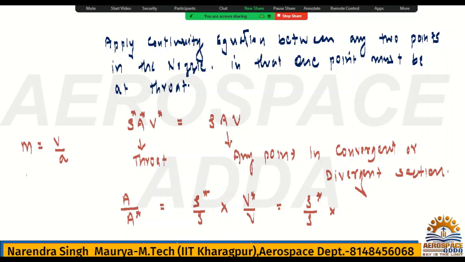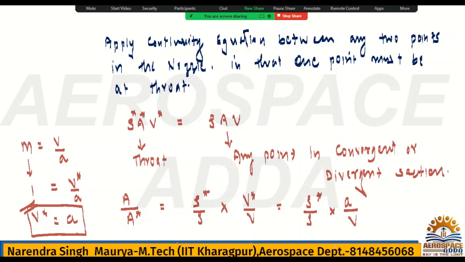If I say V star, so V star means M becomes 1, then what will be the velocity? V star is nothing but a. Yes or no? V star is nothing but a. So what is V star? It will be a divided by M. Hope you understood this.